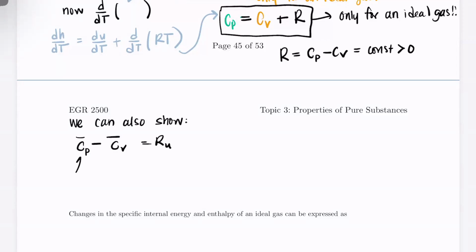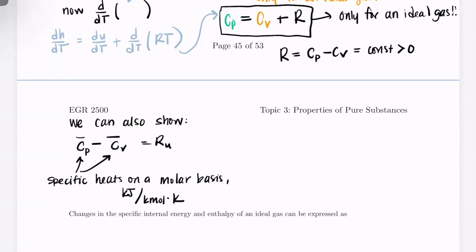So these are specific heats on a molar basis, so they have units of kilojoules per kmol-kelvin.